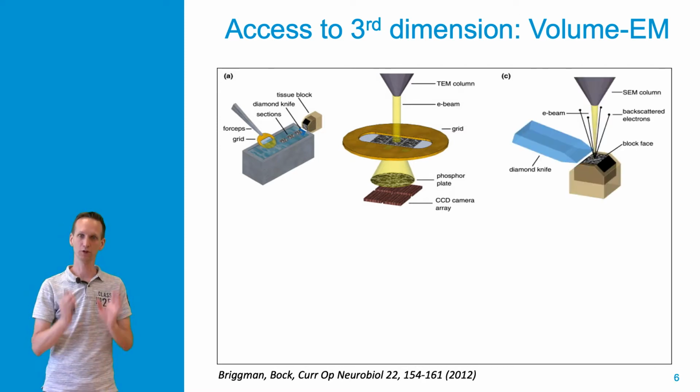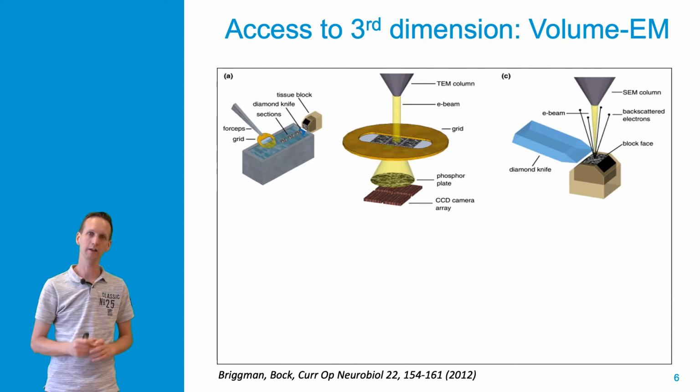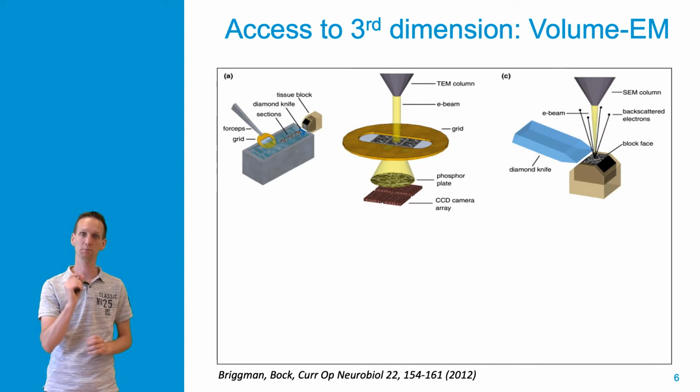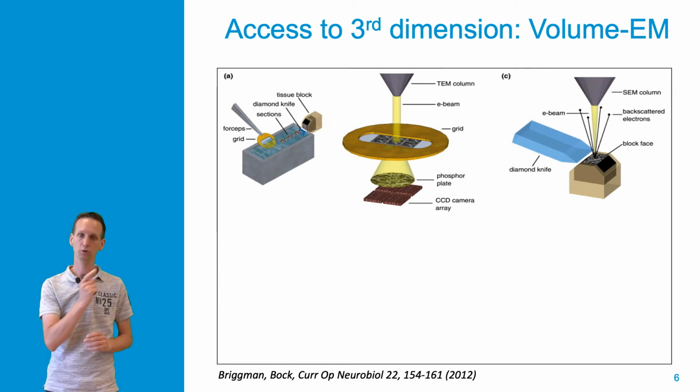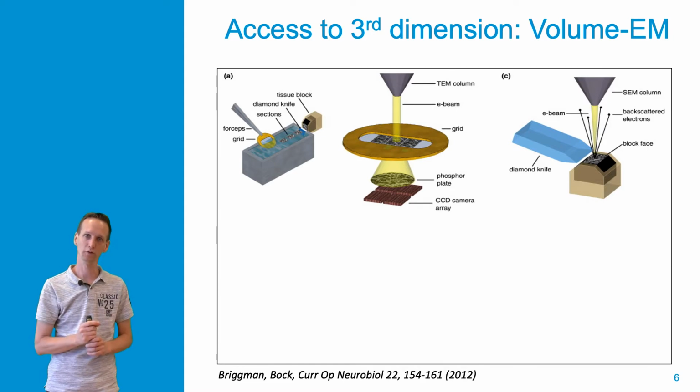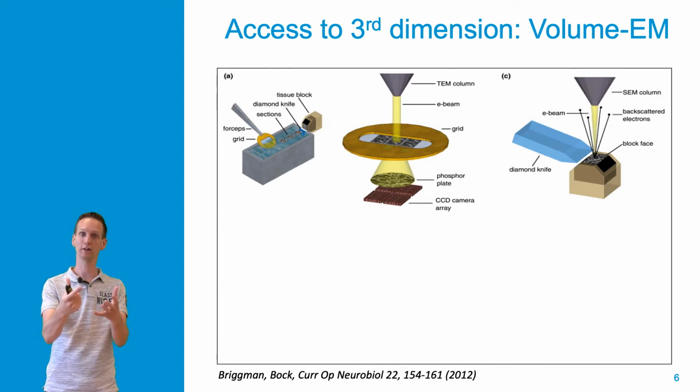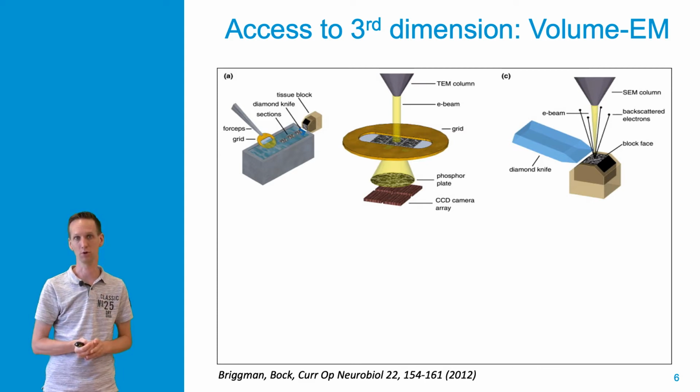A second approach is block face imaging in scanning electron microscopy. In this technique, we use a microtome that is placed inside the vacuum chamber of the scanning electron microscope. You see that depicted here. The electron beam comes from the pole piece that you see above the sample in the image. It scans over the surface, generates electrons which are collected and constitute an image of the upper surface of the resin block.